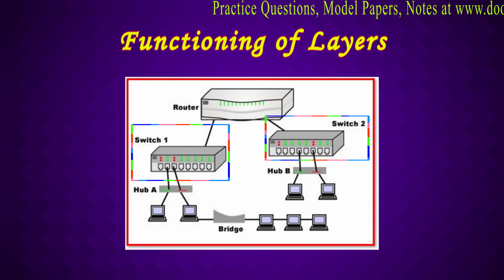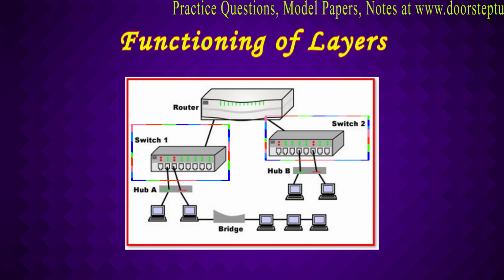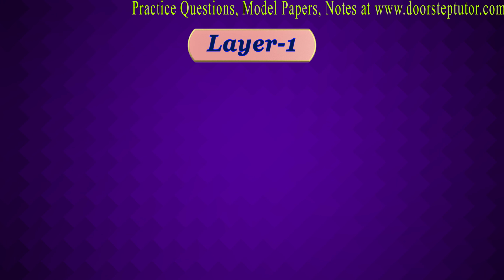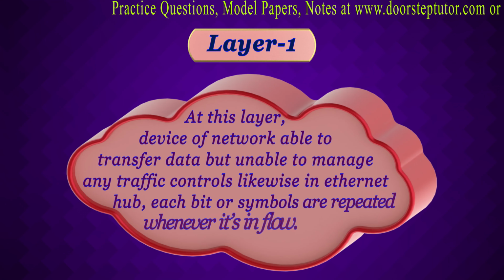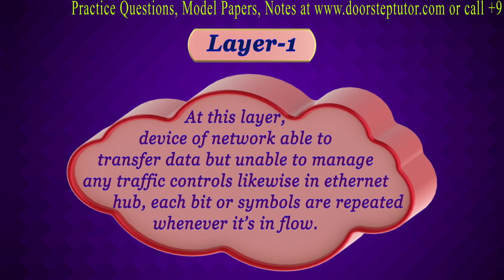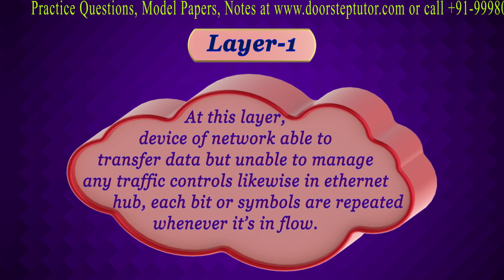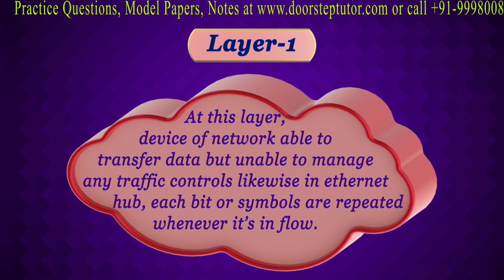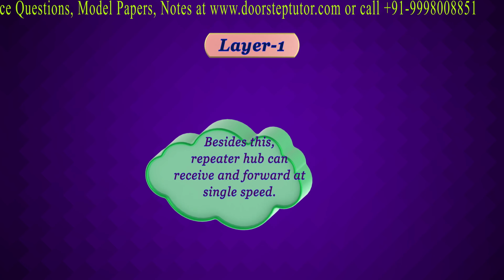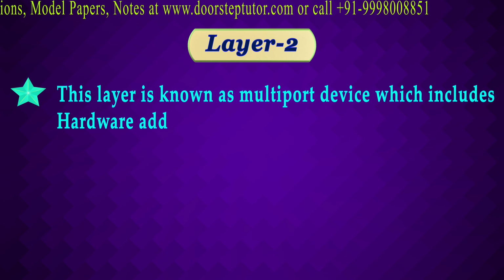So let's discuss how it works in a coordinated manner in the different layers of the OSI model. In the first layer, what is the basic functionality? It just transfers the data. It is not able to manage any kind of traffic or flow of data in the path. So this is the working in layer 1. It just forwards whatever it receives at a single speed. In the next layer, what is the functionality of these devices?